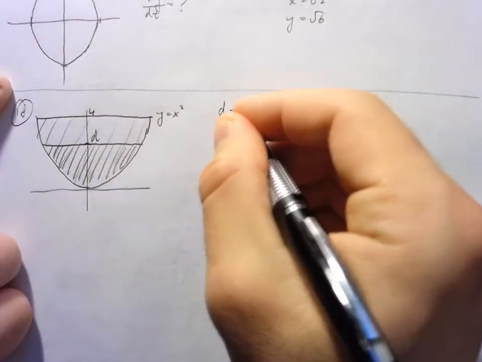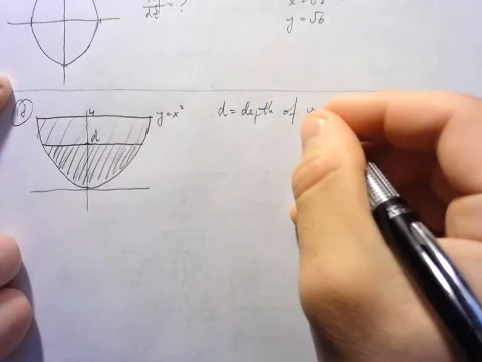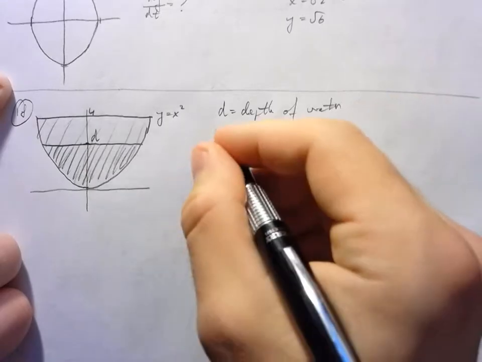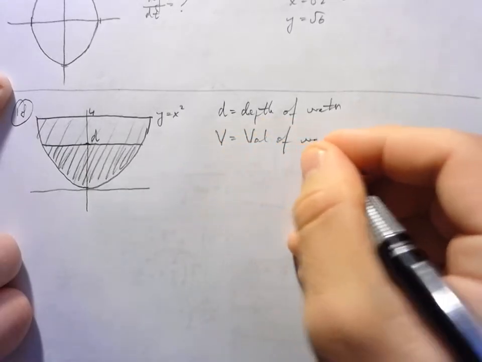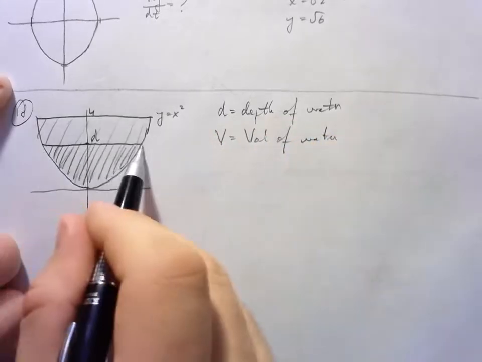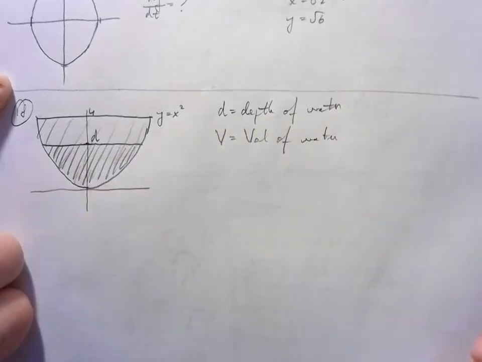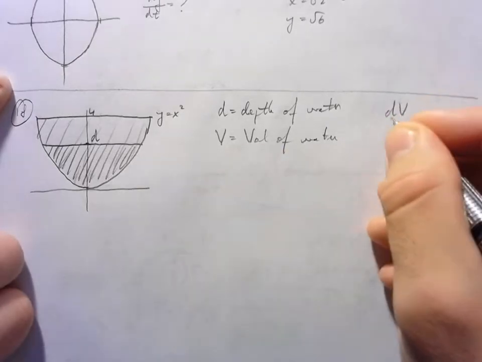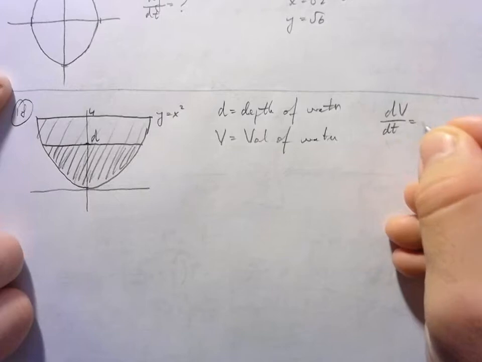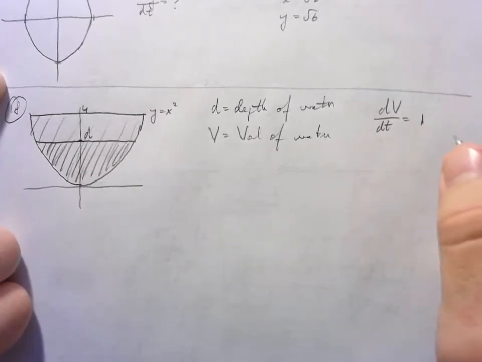So I have d is the depth of water, V is going to be the volume of water, so it's going to be changing as you add. We're given dV dt is 1 cubic meter per minute, right?